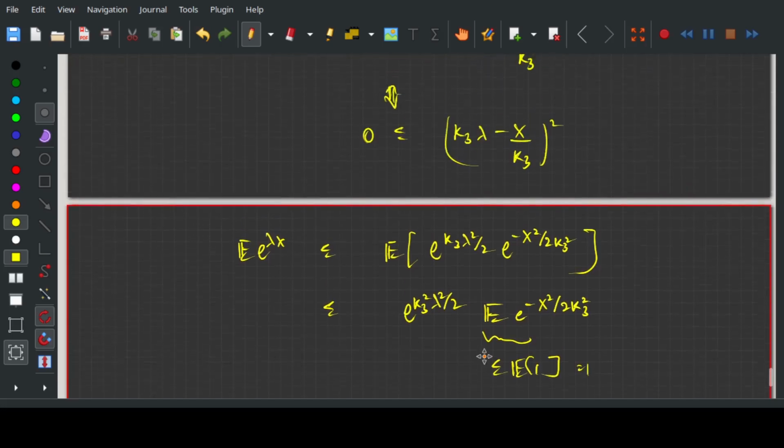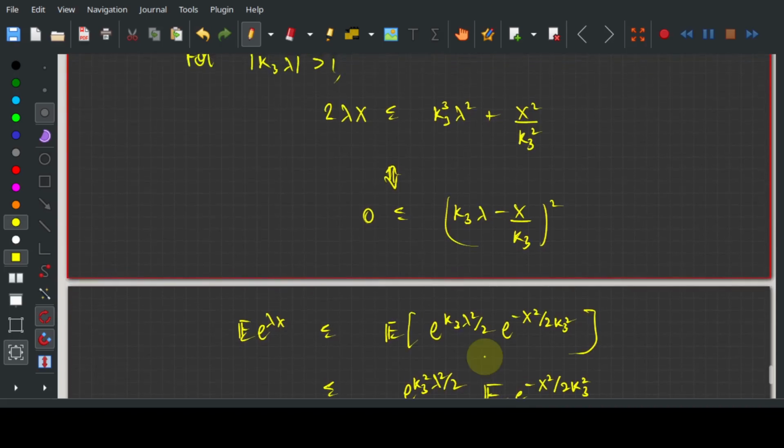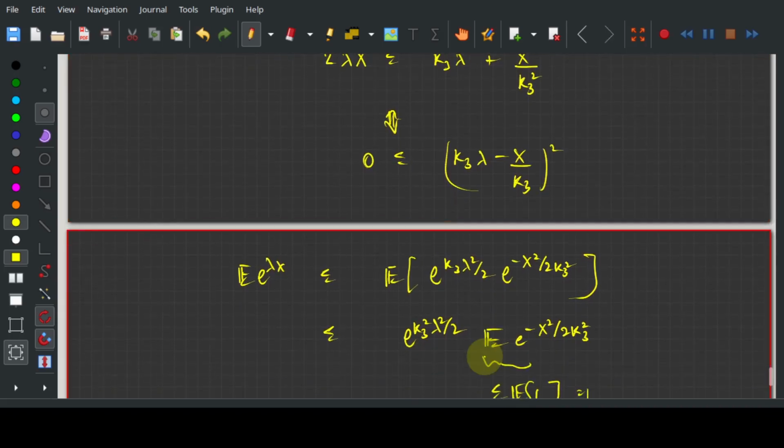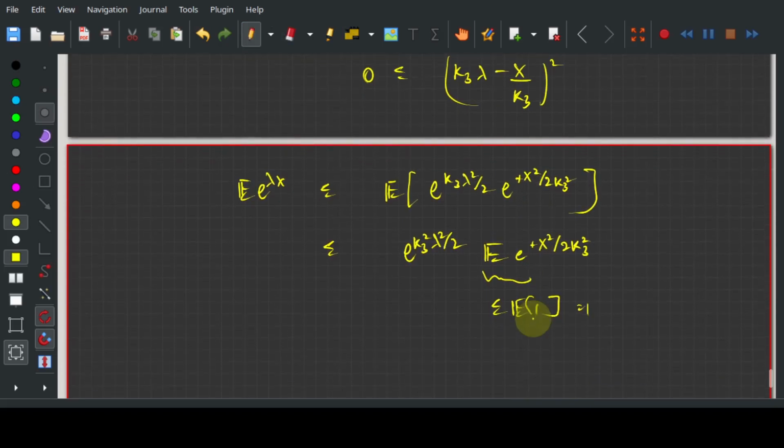Thanks for correcting that. It will be e to the plus x square by 2 k3 square. But then do I have a bound for this quantity?